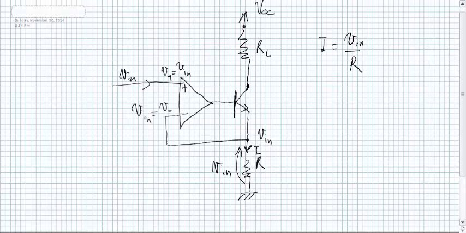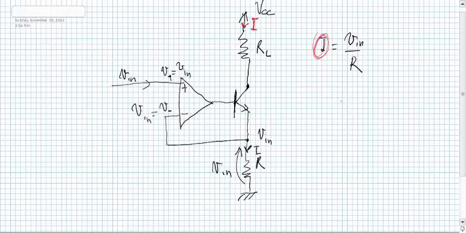But now here's the novelty. The current I, by the way, this I here, is the same as the current I here, practically speaking.